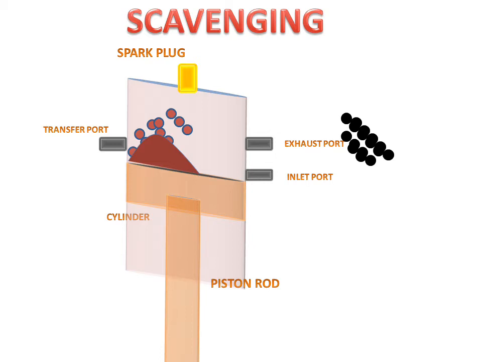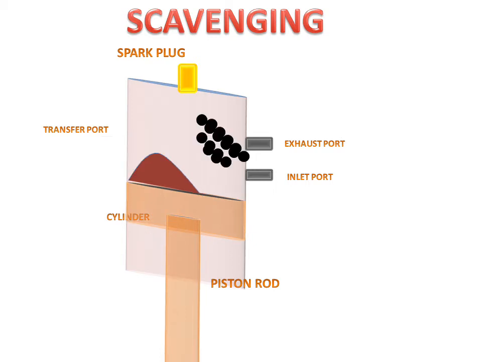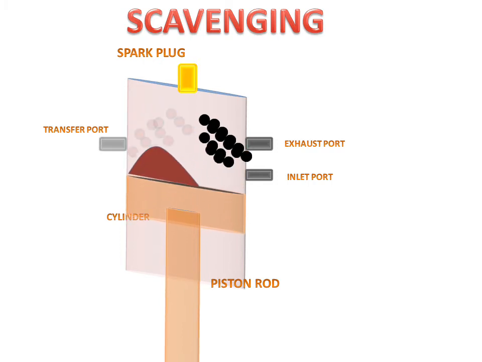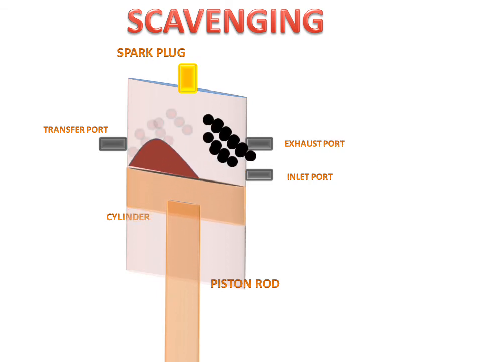Burnt gases will go out by this pushing action of the fresh charge, or fresh fuel. The fresh fuel charge will come and the burnt gases will go out from the cylinder. This is the process of scavenging, in which fresh fuel and the crown of the piston are used to exhaust the burnt gases in the cylinder.